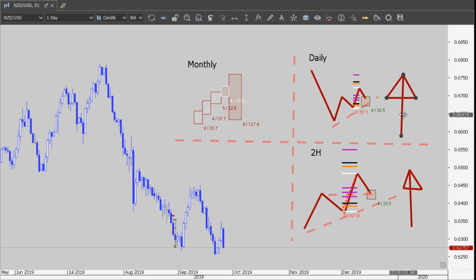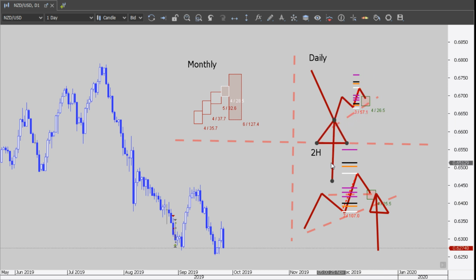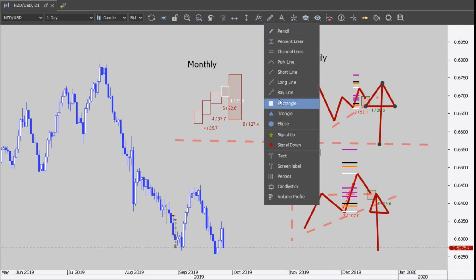Okay, bullish and bearish candlestick formation in multiple time frames. So on the 2-hour chart, everything is up, right? Up Fibonacci, up trend line, bullish candlestick formation. On the daily chart, we have an up Fibonacci, an up trend line. We are in a retracement mode, right?